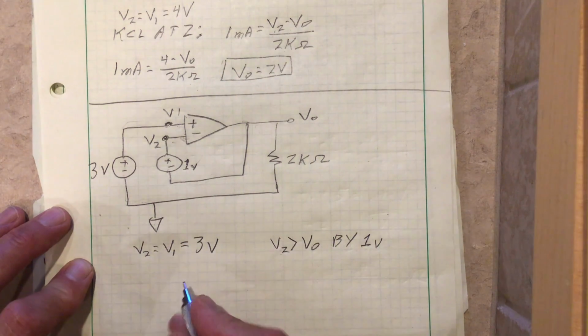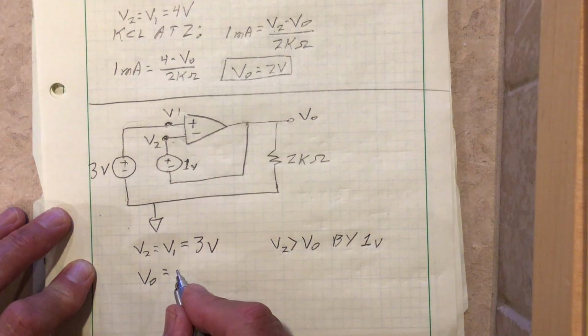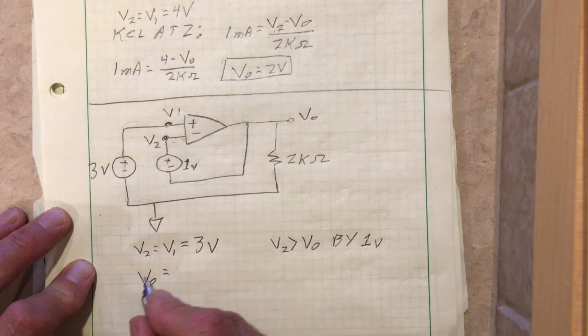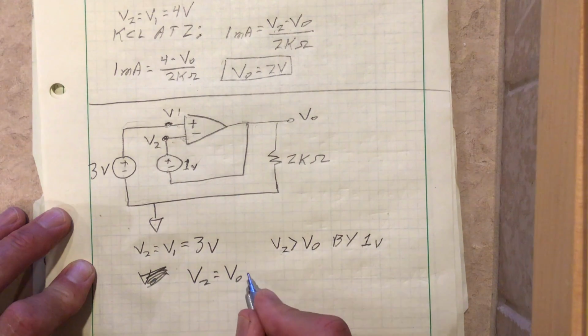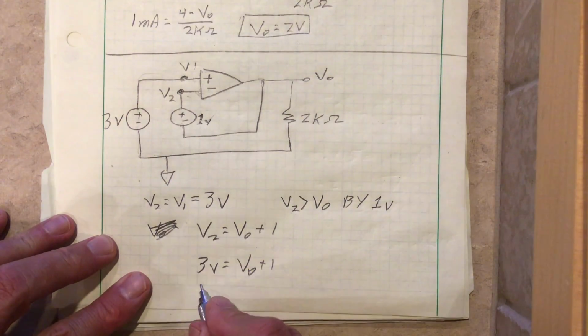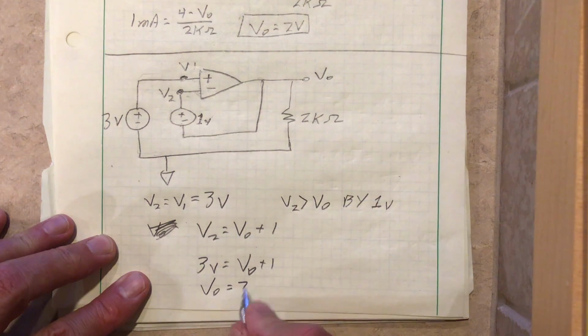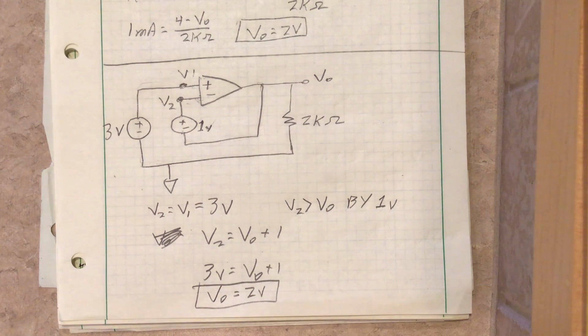So, as it turns out, V2 is equal to V out plus 1, or V2, we all know is 3 volts, is equal to V out plus 1. So V out is equal to 2 volts. There we go. There's a couple of little problems using those op-amp assumptions.